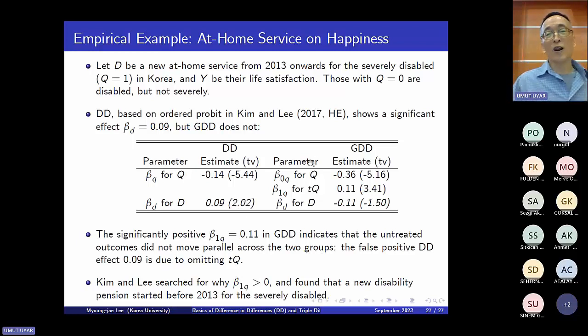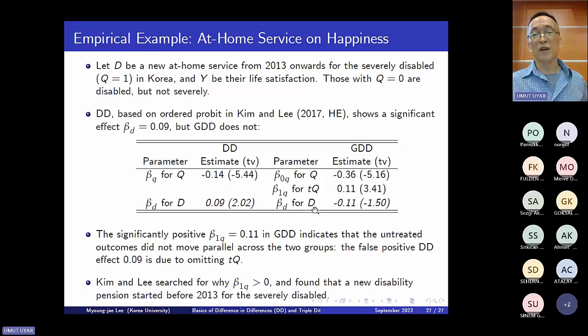However, when we allowed this T times Q to take into account possible violation of common trend, this is what we obtained. The group effect is still negative, and this is more negative than in the DD model. And this deviation, the treatment difference, turns out to be positive, and this is significant.